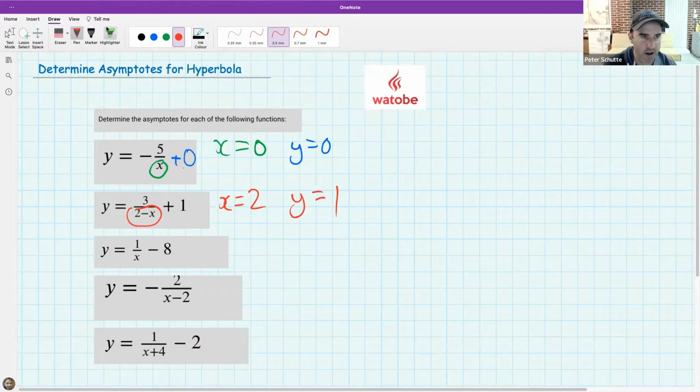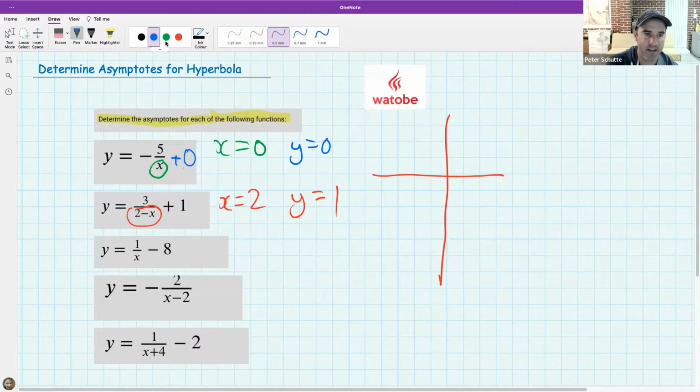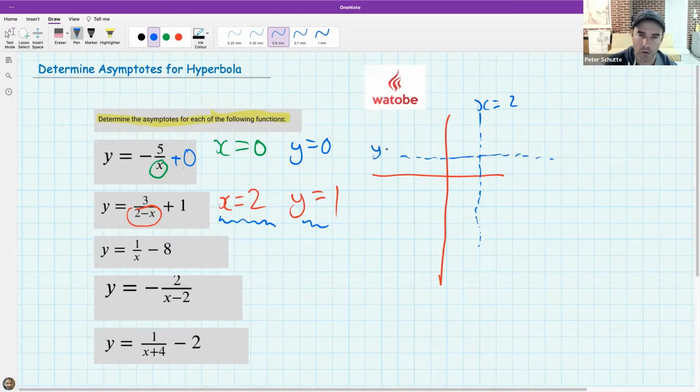So if you are trying to answer the question, what are the asymptotes of the hyperbolas? These are like the dotted lines, if I had to draw them, that basically can't be crossed. So over here, if x is 2 and y equals 1, if I was drawing this graph, x equals 2 would be over here, and y equals 1 would be here.